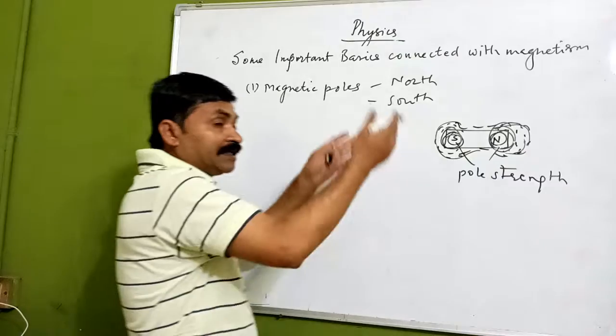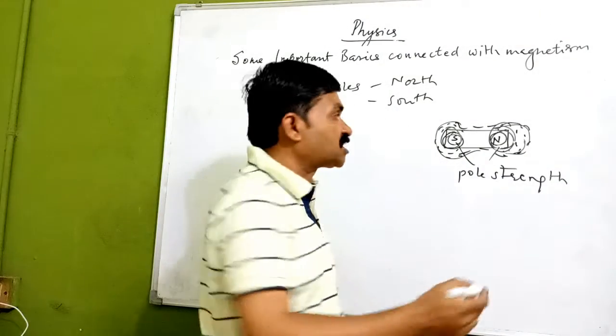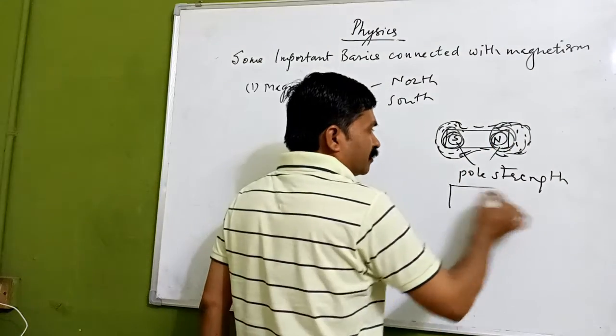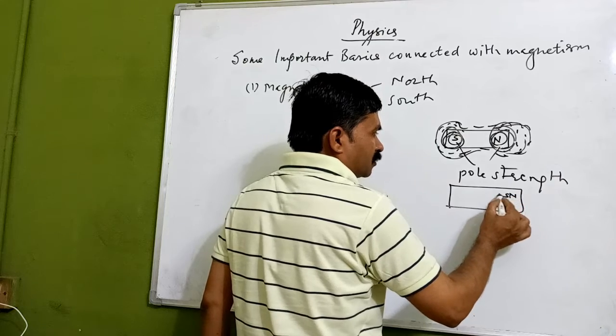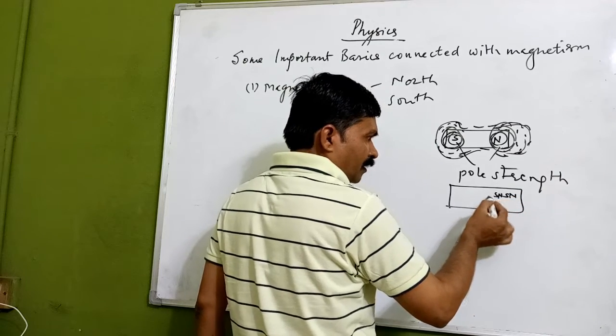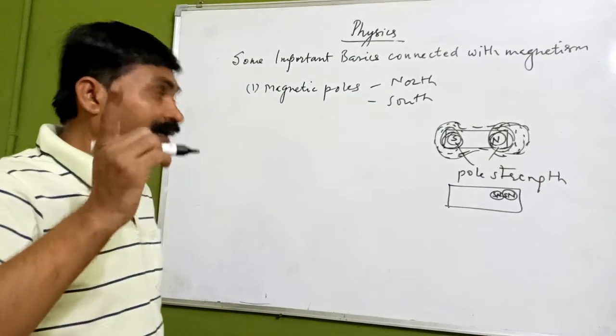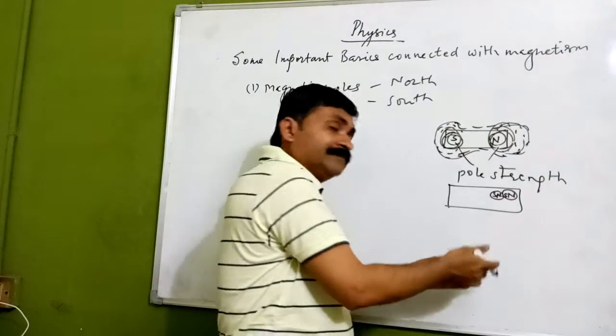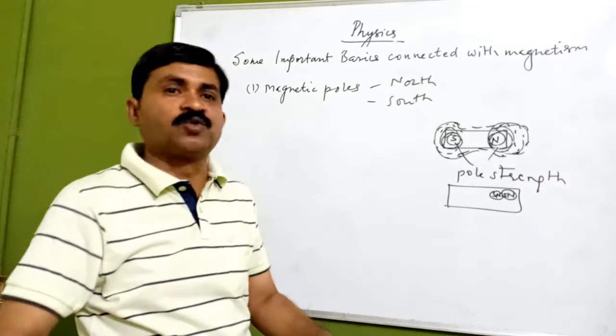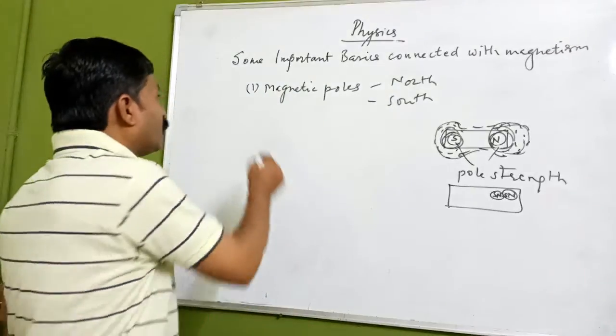And we also know that the north and south pole always exist in pairs. If you break them, you will again have two magnets. Okay, so that is the magnetic poles.